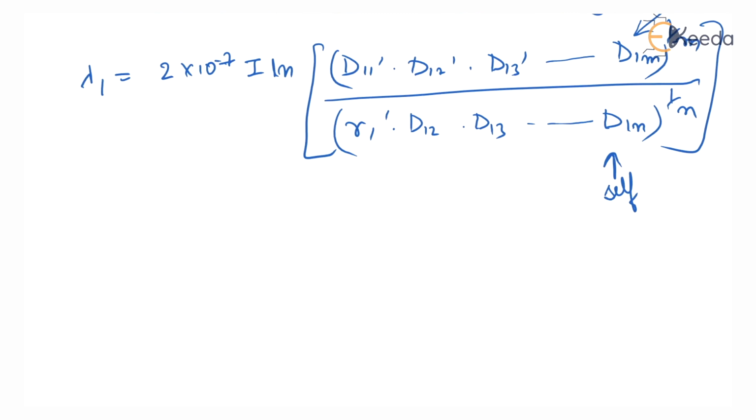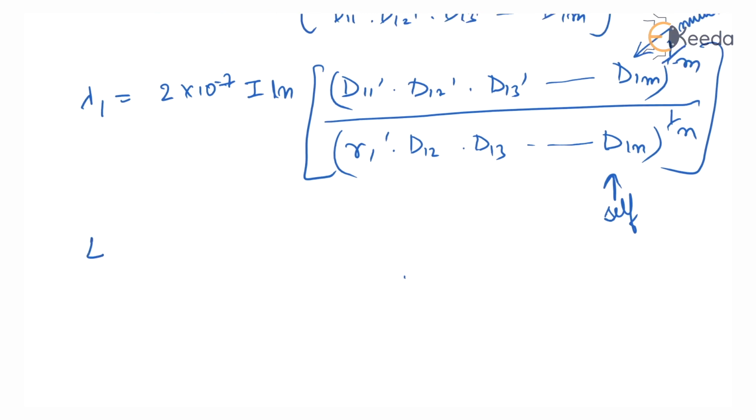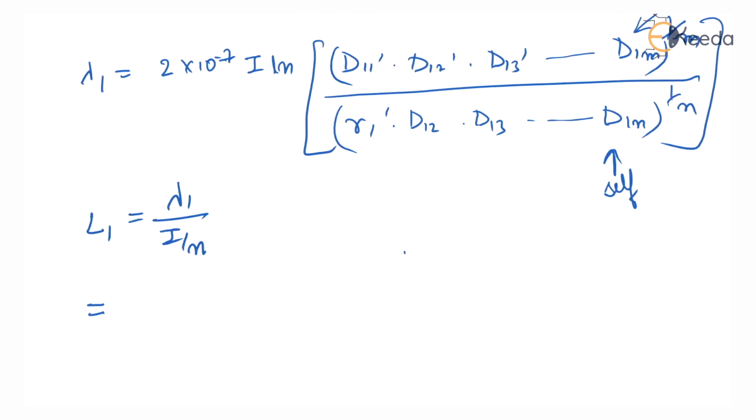Similarly, we can calculate the flux linkage for 2, 3, 4 up to n. So inductance of conductor 1, L1, is equals to lambda 1 upon I by n, because the current of subconductor 1 is I by n. So put the value for lambda 1, this is equals to 2 into 10 to the power minus 7. I cancel out n ln.